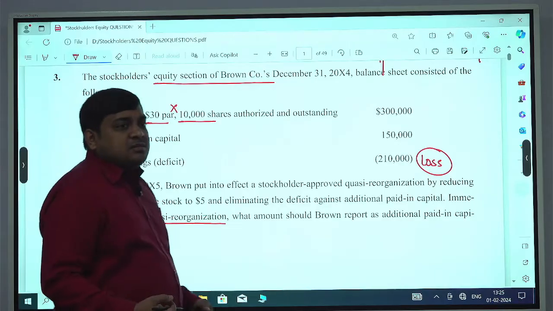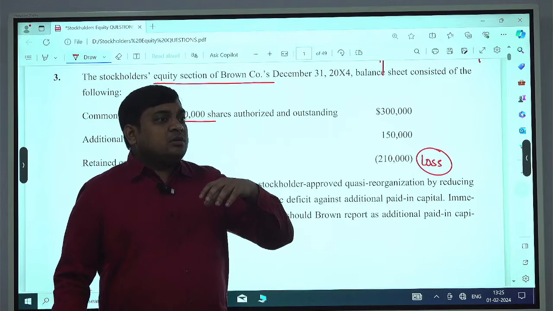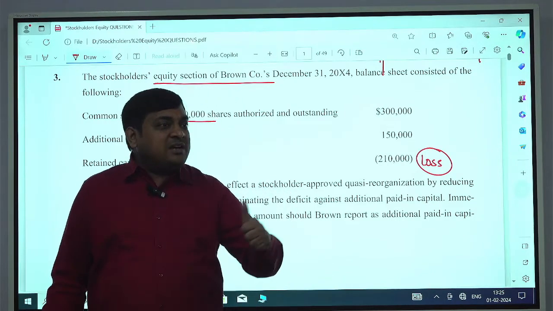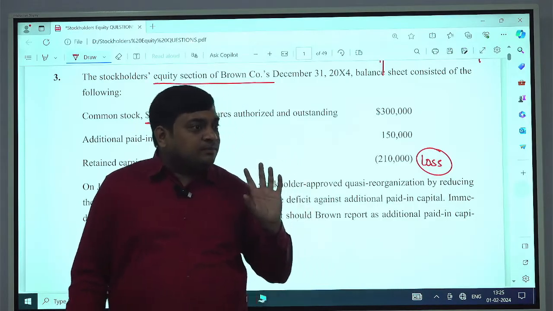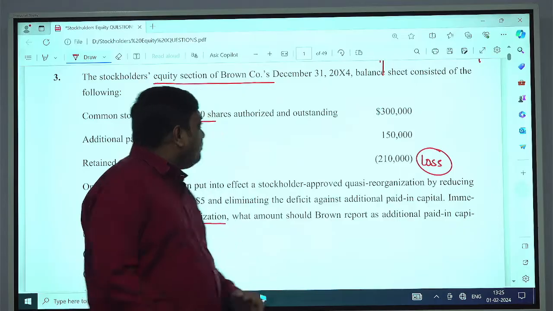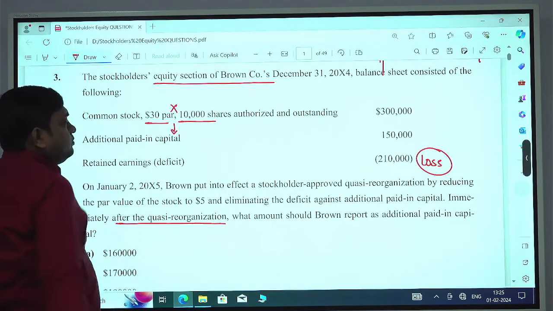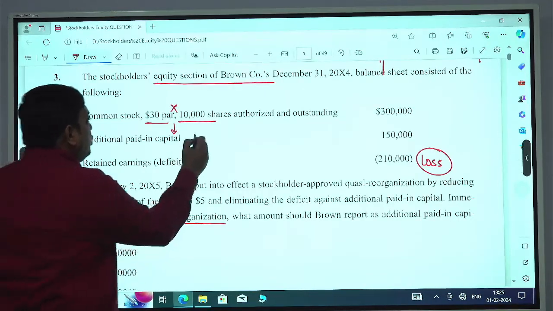Now what happens in this particular quasi reorganization? You tell your common stockholder, equity shareholder, that see, if I liquidate today, you are not going to receive anything. That is for sure. So it's better you reduce this par value. You reduce this par value to $5.